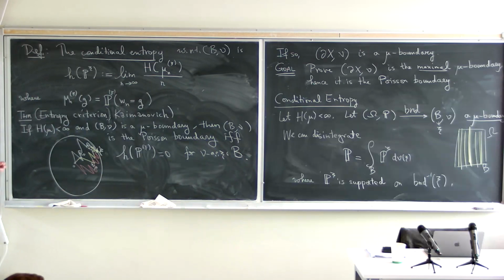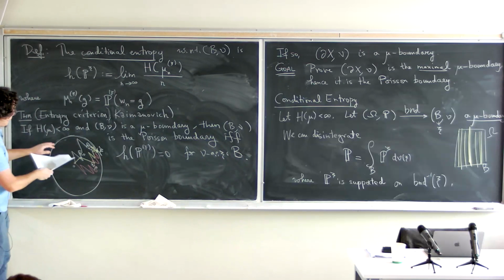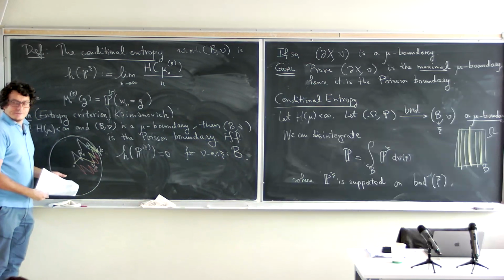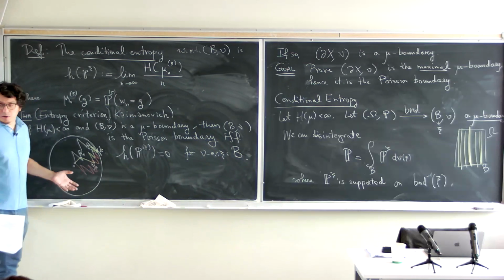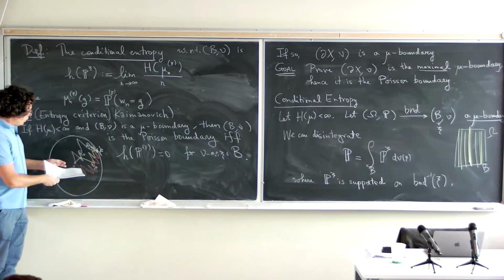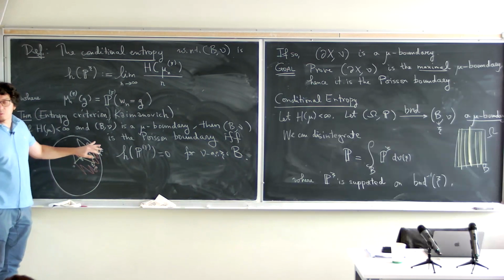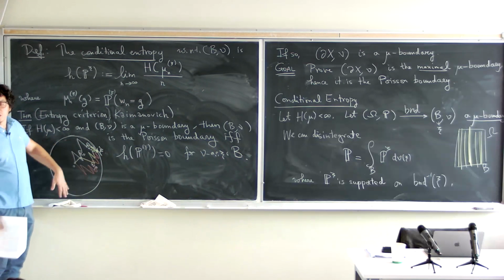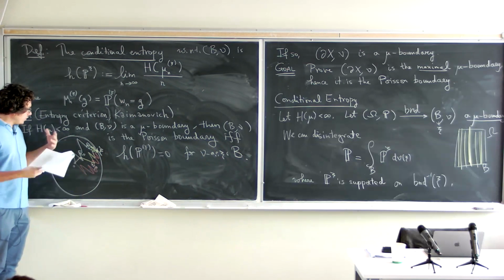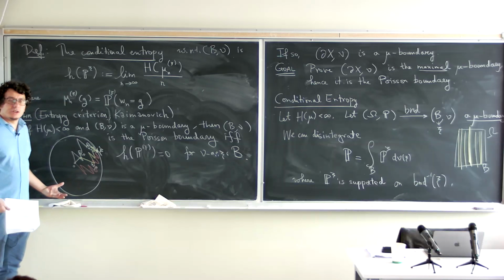So again, what is the idea? Maybe next time we can also prove it, but what is the idea? The idea is that this boundary that you're given, is it the maximal possible boundary? Can you further split these boundary points in some other, finer partition?